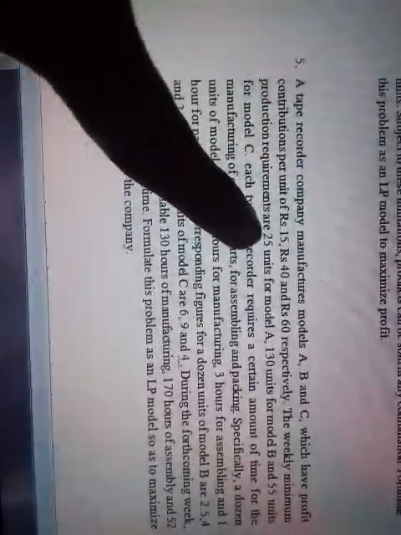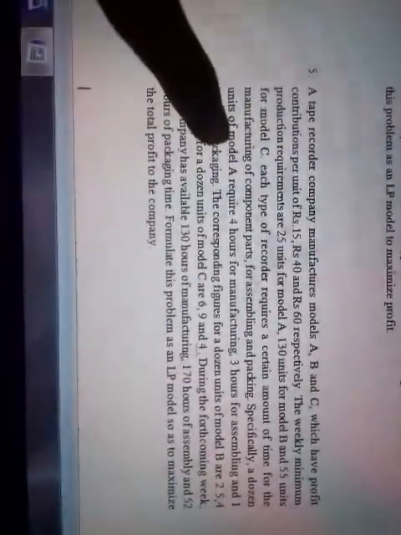And see here, the weekly minimum production requirements are 25 units for model A. Model A is 25 units, given separately. So here you have to take an equation separately for model A, 130 units for model B and 55 units for model C. Separately you have to take three different equations, because it is given separately.